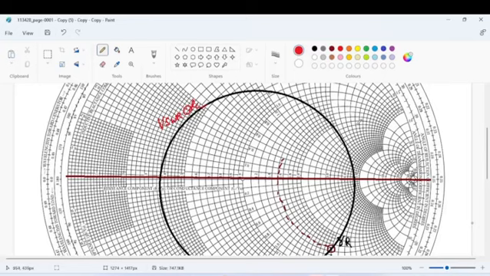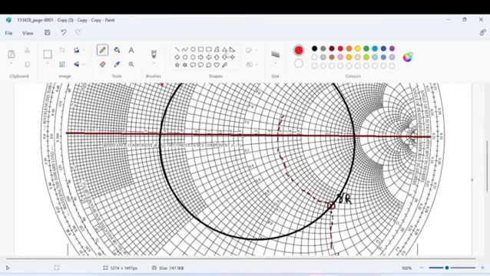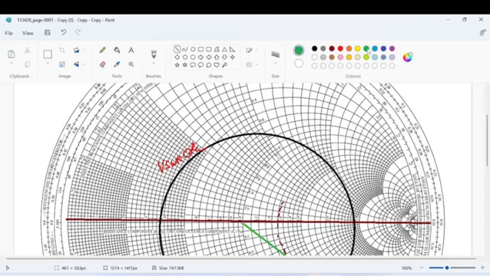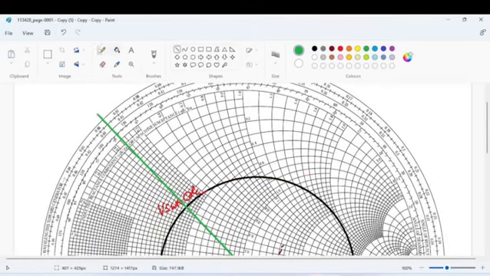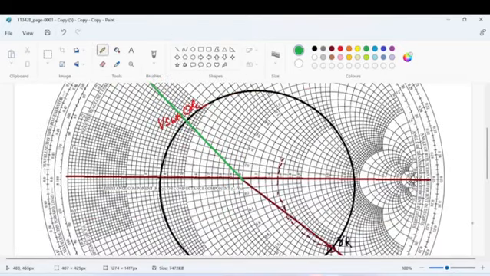After drawing the VSWR circle, you extend zr from the center to the opposite side. For which purpose? To find the value of YR. So here is the value of YR.